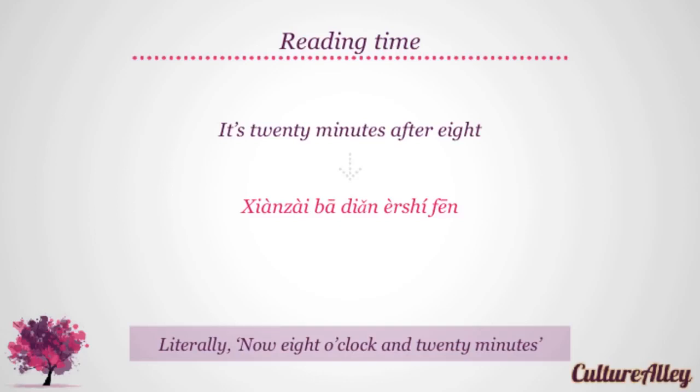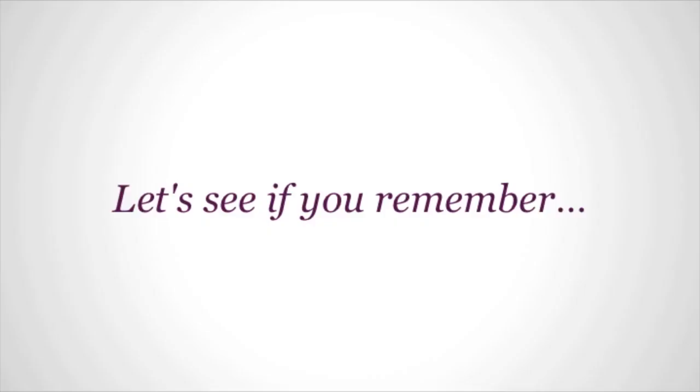Thus, it's 20 minutes after 8 is translated as 现在8:20分. Literally meaning, now 8 o'clock 20 minutes. Note that 20 is not a single-digit number, so we need not add 0 or 零 before it while reading time. Hope you got that concept now.